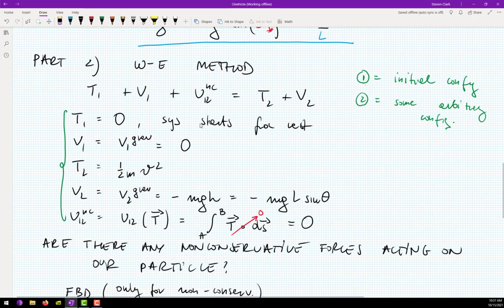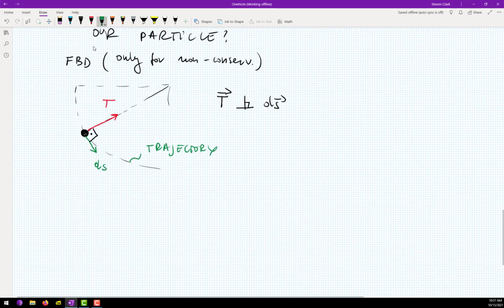Let me write it down. So what will you have? I think that T1 was 0, V1 was 0, the work of non-conservative forces was 0, and we ended up with this kinetic energy and this potential energy.